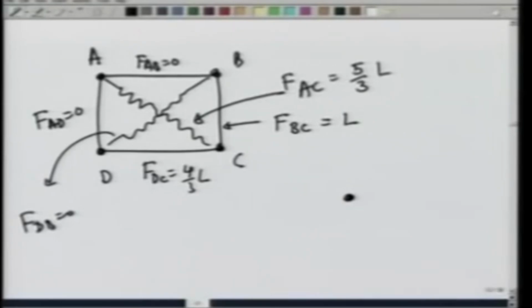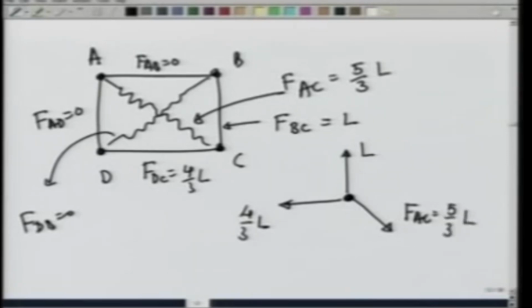Remember, we found that on A there is a force in this direction which is 4/3 L, there is a force upwards which is L, and now I know because of the tension in the rope there is a force F_AC which is 5/3 L. This angle is theta.